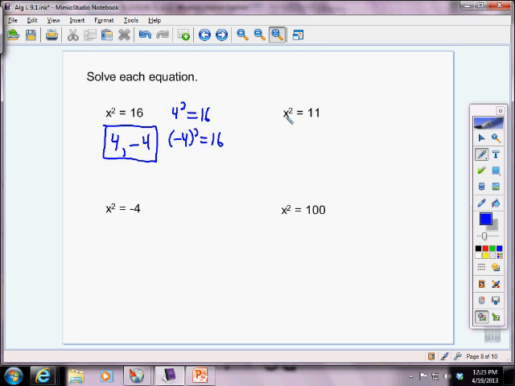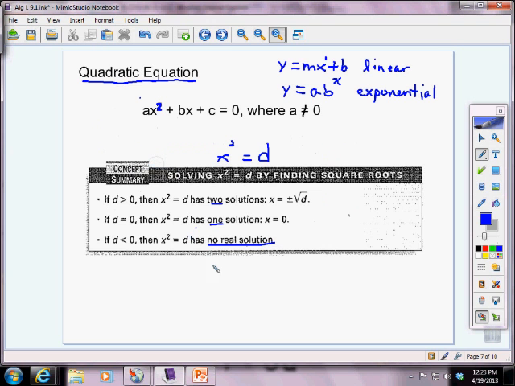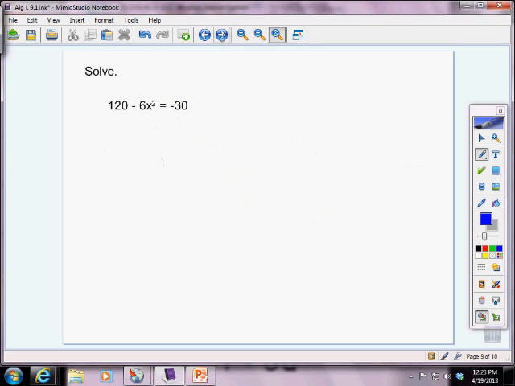Here, x squared equals 11. Well, what number times itself equals 11? The square root of 11 doesn't fall in our perfect squares list, so we would say the solution would be the square root of 11 and the negative square root of 11. And I'll point out real quick, guys, if you wanted to write these like that, that's fine as well. Always using the positive and negative sign.